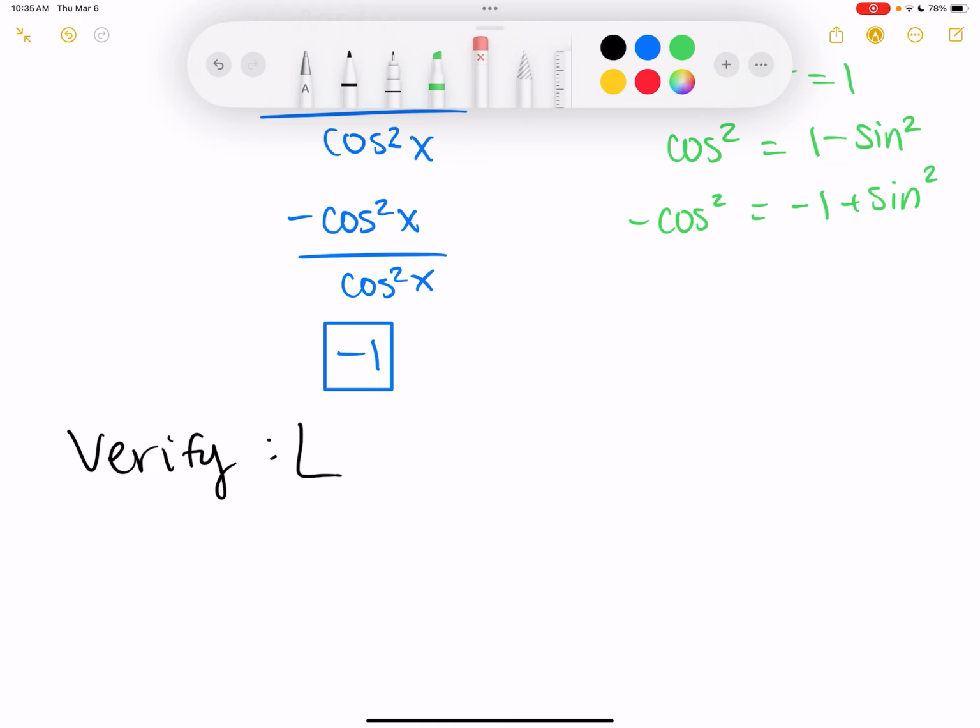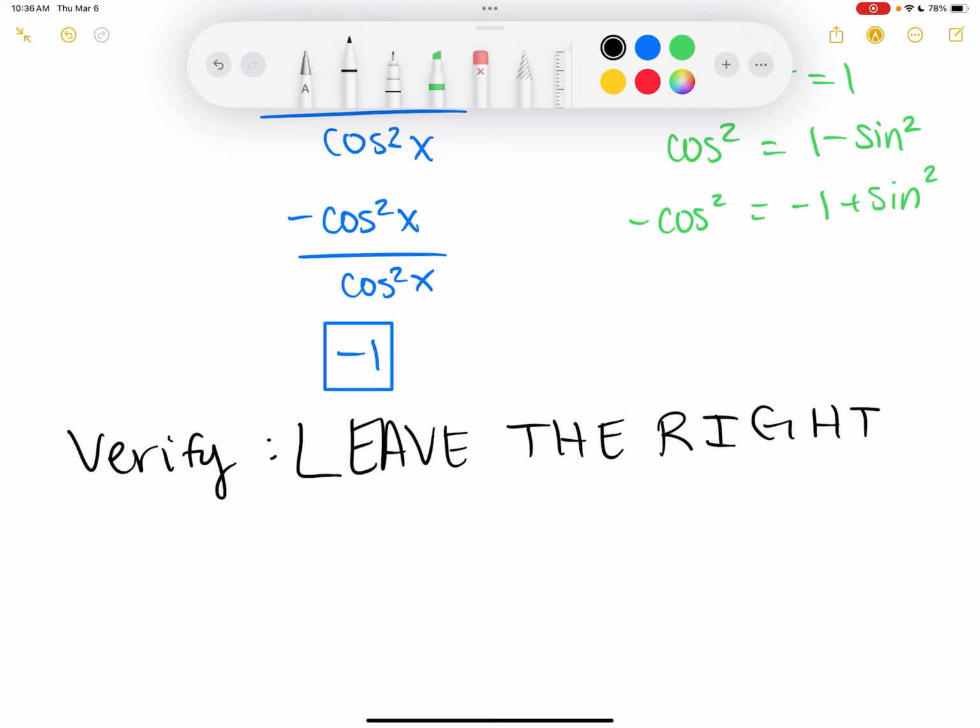Leave the right side alone. Don't touch it. I thought she spelled "right" completely wrong, and then I realized it was a capital G. What did you think it said?